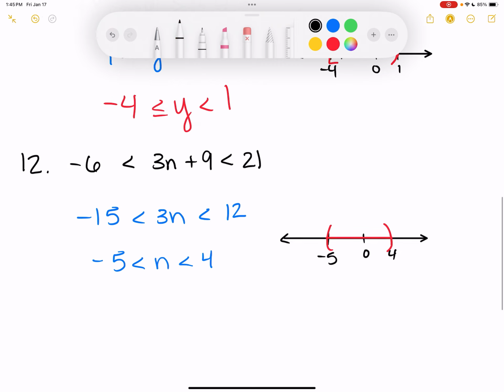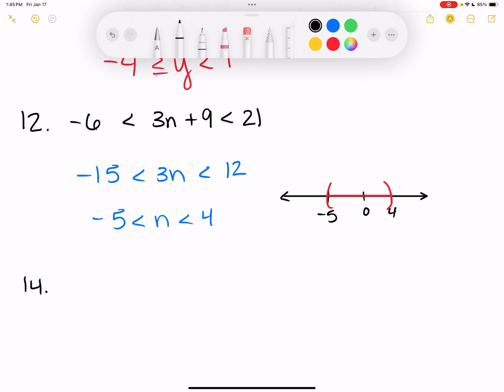All right, 14. 7 is greater than 2/3 times 6q plus 18 is greater than or equal to negative 9. The first thing I would recommend you do is distribute. If you were to multiply by 3/2 to get rid of that, you would have to do that on both sides, but that's going to end up giving me fractions, so I'm going to see if I can avoid that.